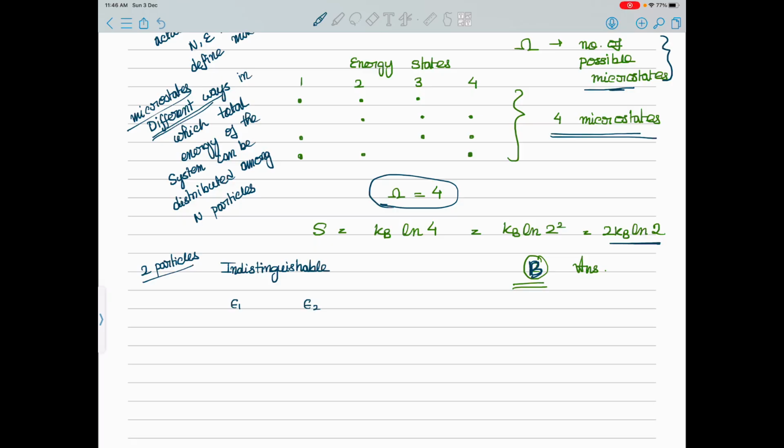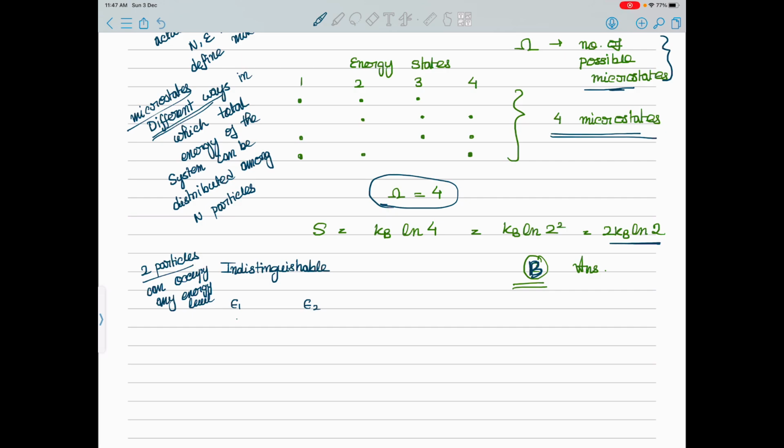These two particles can occupy any energy level. So it's a kind of a boson, where two indistinguishable particles can be at the same energy level as well. This is one of the criteria which I have defined.